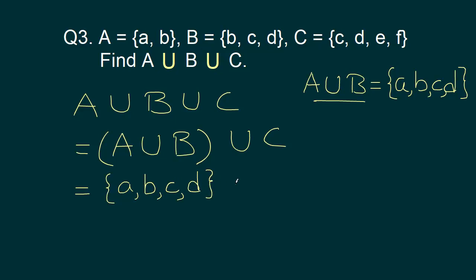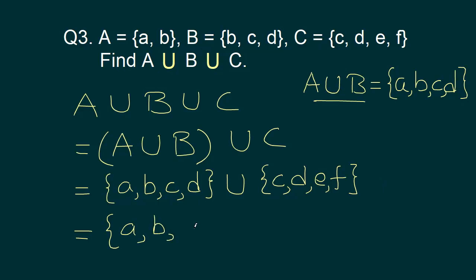And we are trying to find out this set union C, D, E, F. So now when we do a union of two sets, we are going to get a set that will contain all elements of these two sets. So we are going to first write all elements of the first set. So we write A, B, C, and D. And now we are going to write all elements of the second set.